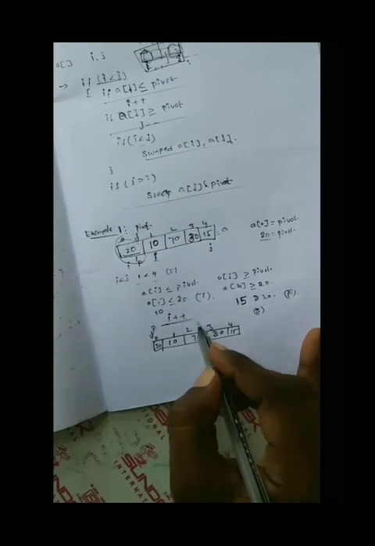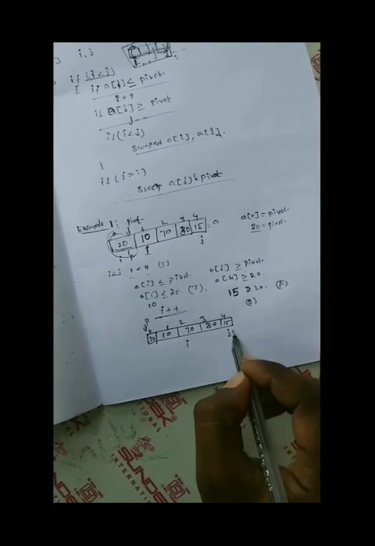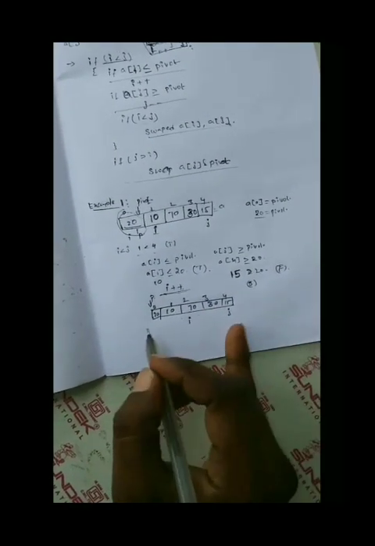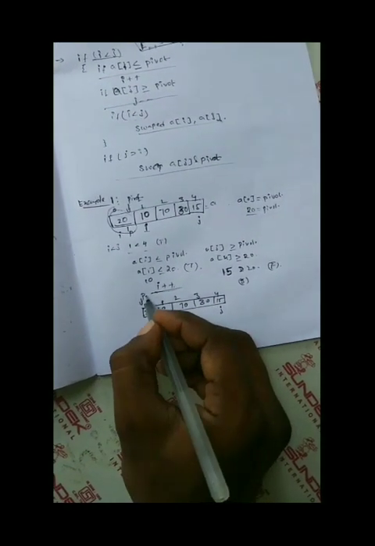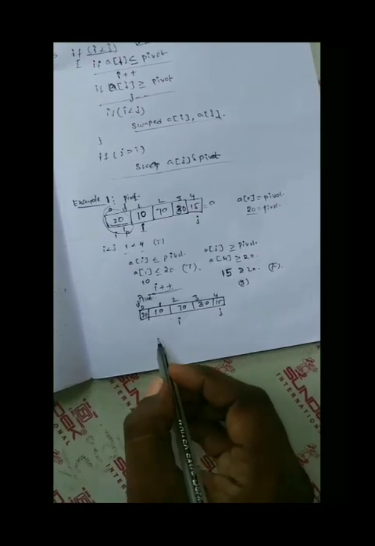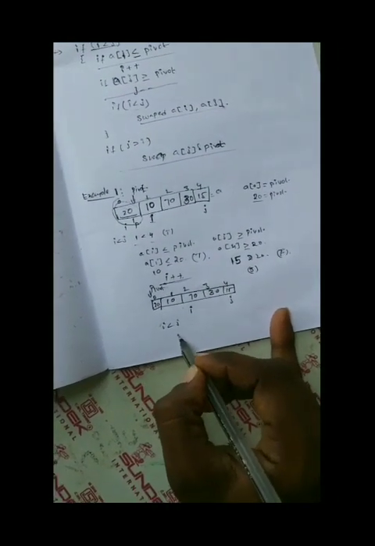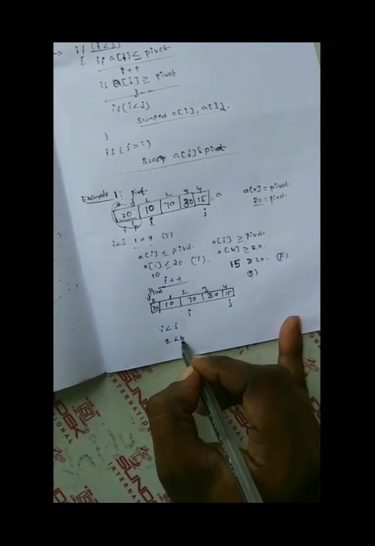The I value here is incremented, so the I position is here and j is pointing here. And again check the condition. Here is the pivot. Again check the condition, I less than j. Here the I value is 2 and the j value is 4.